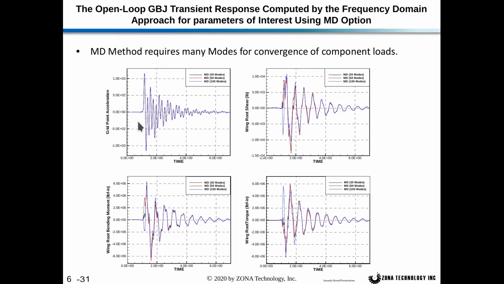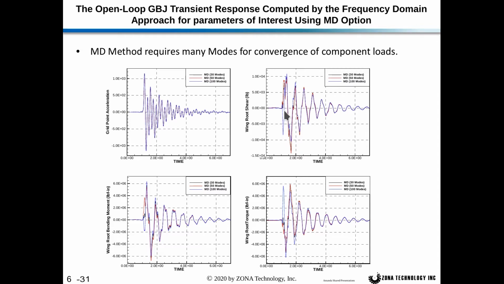But now when we go to looking at loads, we've got wing root shear, wing root bending moment, and wing root torque. You can see that the curves change when going from 30 modes to 50 modes to 100 modes. This indicates that when the airplane is initially hit by the gust, 30 modes and 50 modes and 100 modes all give a different answer.